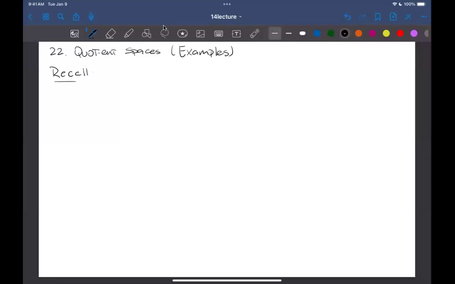So the first thing I want you to recall is that we know how to, suppose you have a set X, a topological space with an equivalence relation, then we have a quotient topology and we know how to construct or define continuous maps out of it.